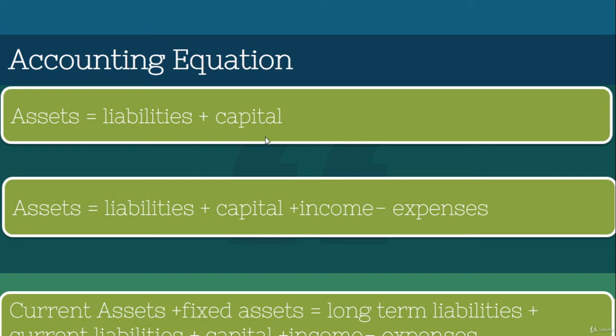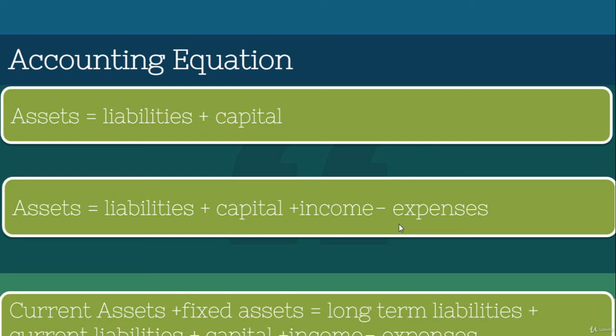After that, the equation will change: assets equal liabilities plus capital plus income minus expenses, because after 1 year income and expenses occur in the organization.